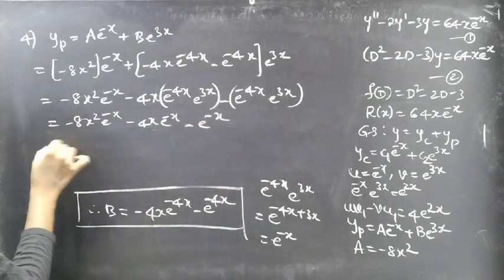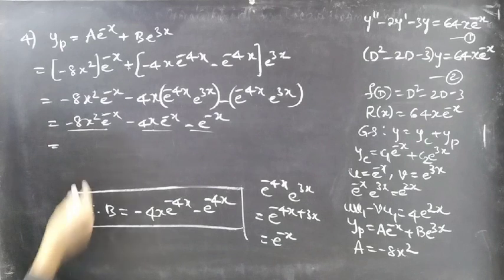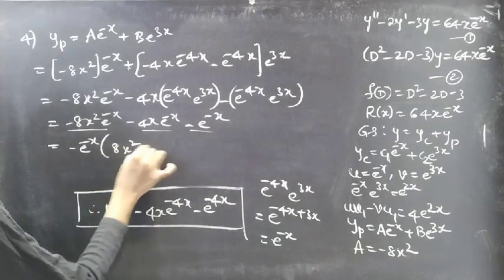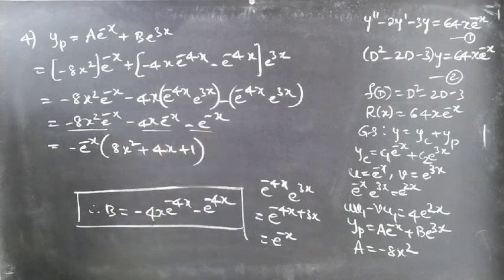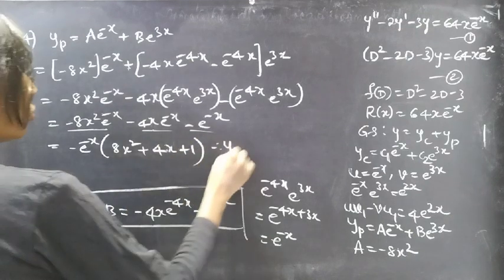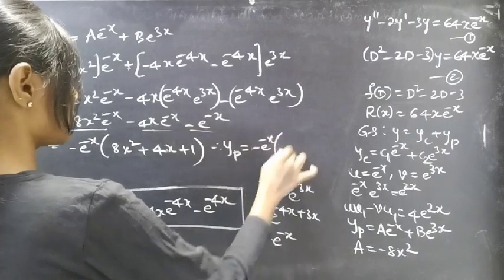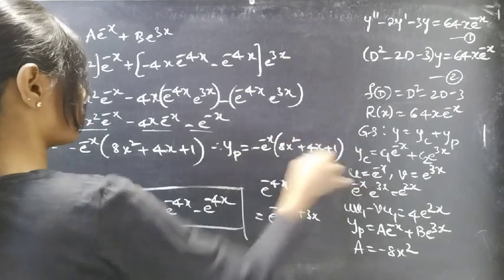Now take e power minus x common from all these three terms. We'll get minus e power minus x times 8x square plus 4x plus 1. Therefore, yp equals minus e power minus x times 8x square plus 4x plus 1.